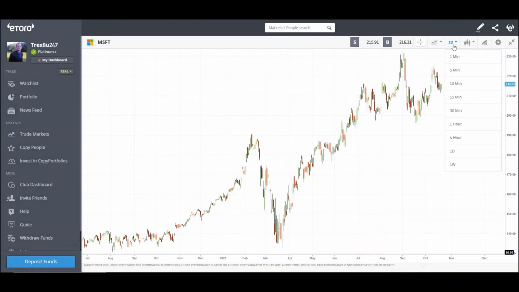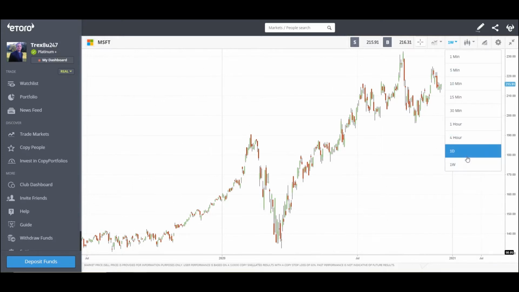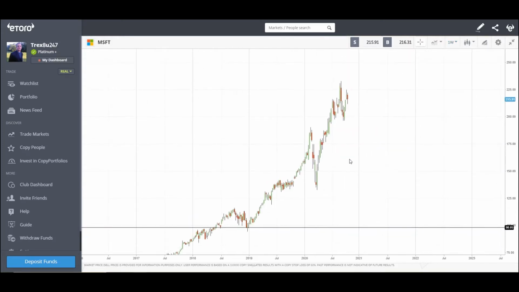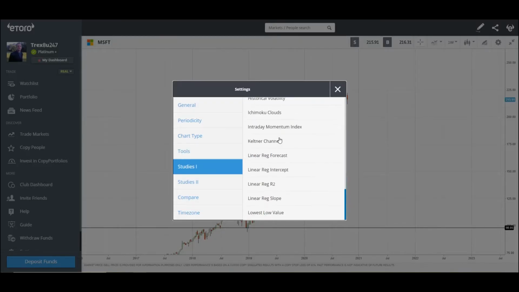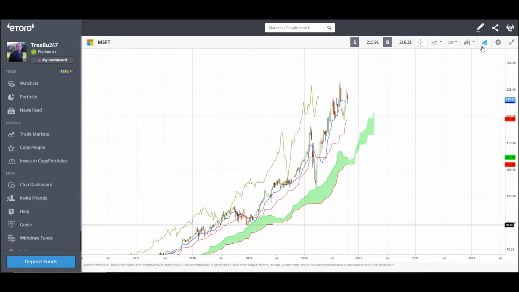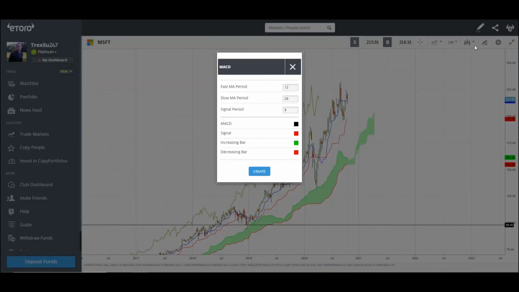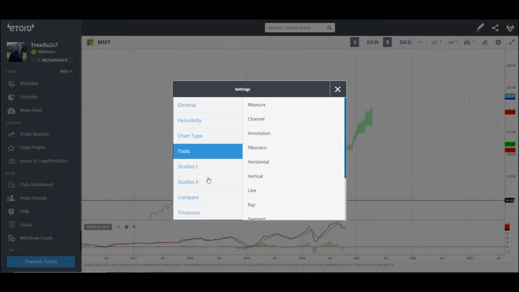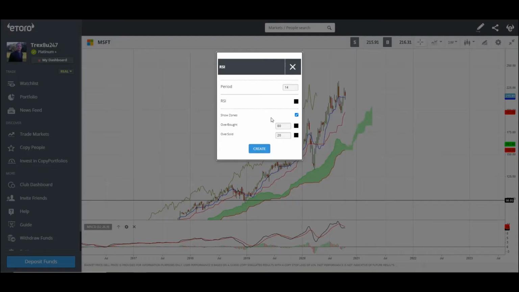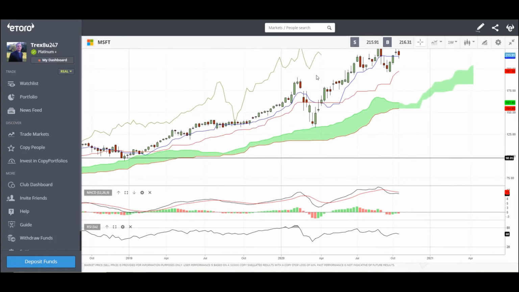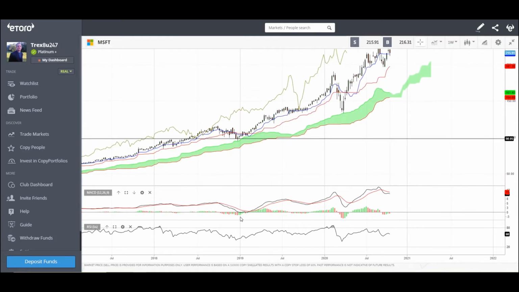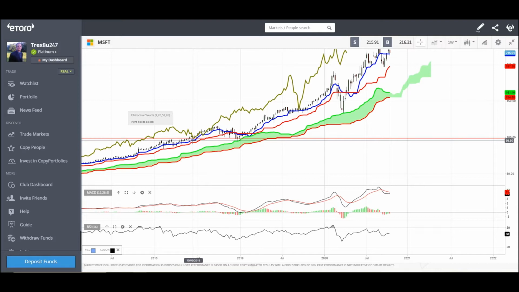Moving on to Microsoft. Once again, start off with a week chart. I'll quickly add my other indicators. Right, ready to go.